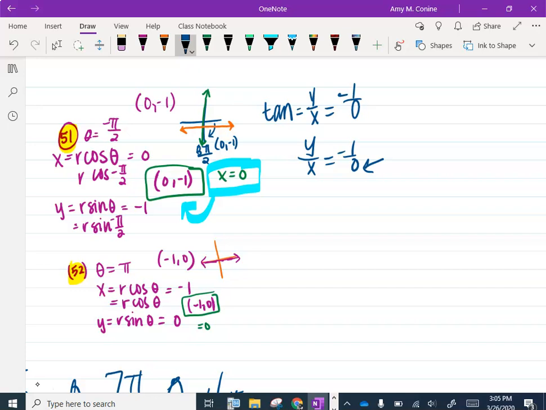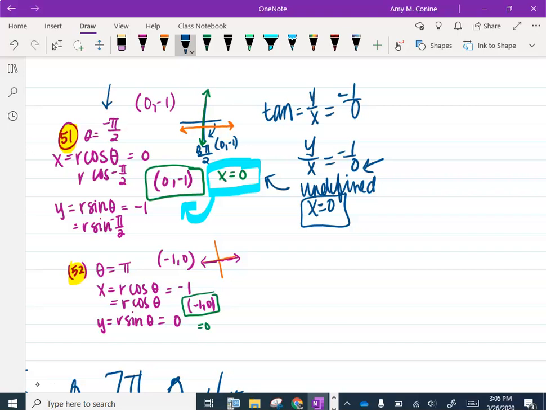So your slope would be undefined, which means that you have a vertical line at x equals 0 for the rectangular equation. So the polar equation is 0, -pi over 2. The rectangular equation is x equals 0 because the slope is undefined.